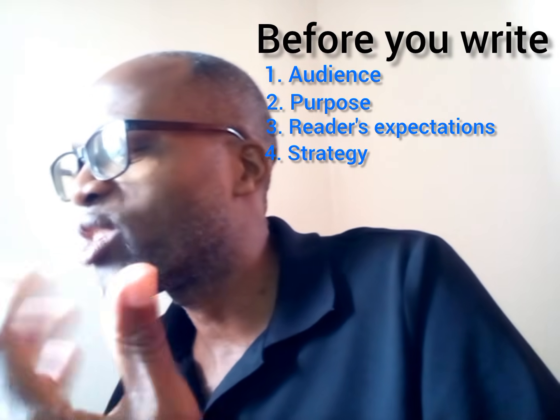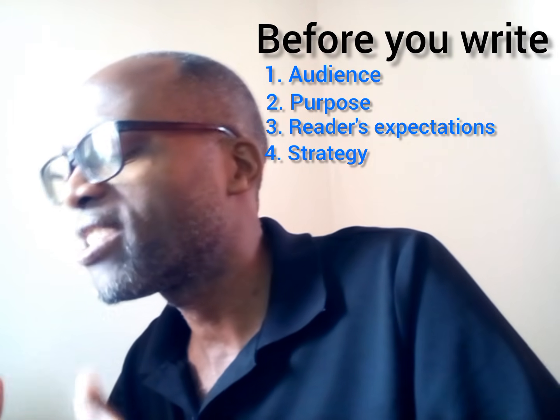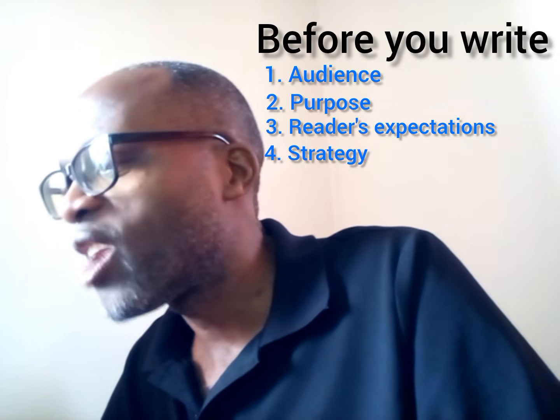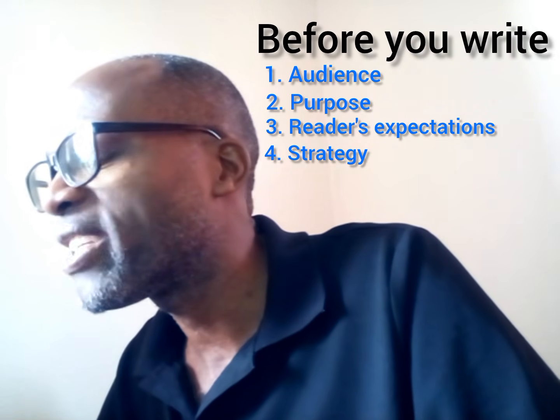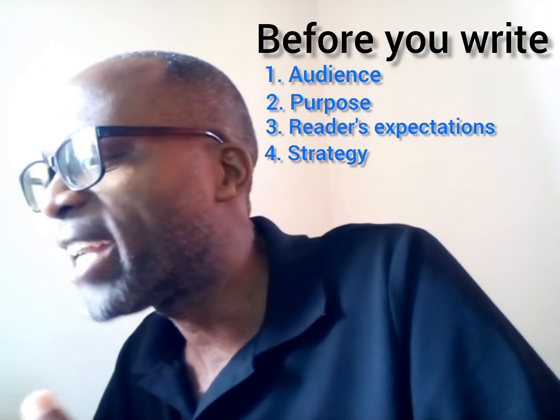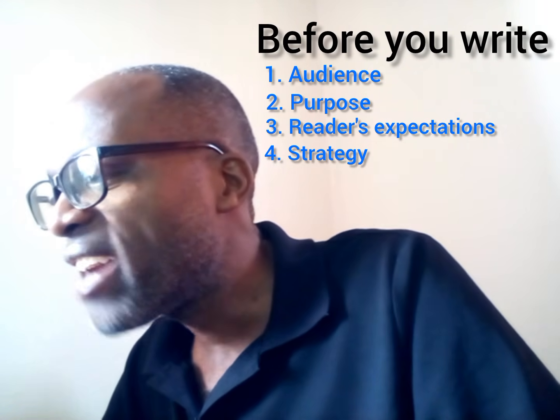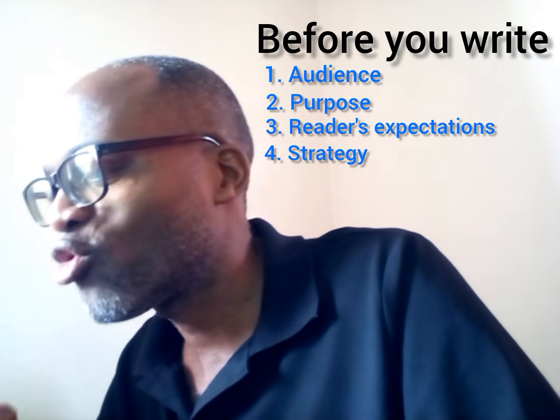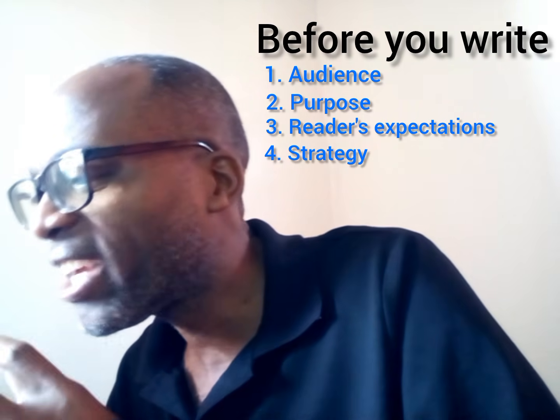If it's comparison and contrast, you are going to be looking at similarities and differences. If it is description, you are going to focus on the physical properties of an object, a mechanism, or whatever you are describing. So you have to choose the most appropriate structure or pattern to package your information.